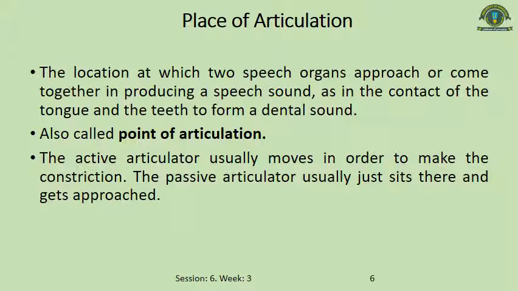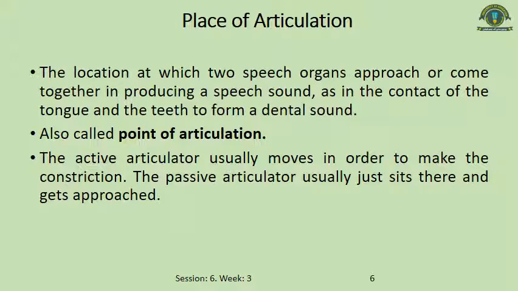Th and the. So there is a contact of the tongue and the teeth. What happens? The tip of the tongue is touching the back of the front teeth, and then it is producing th or the. This is what the first part of this statement says.